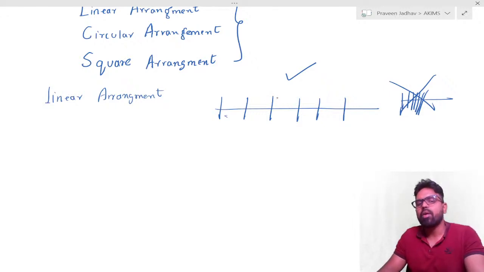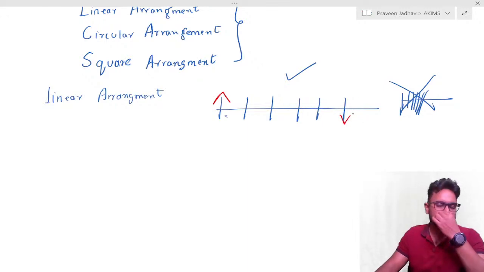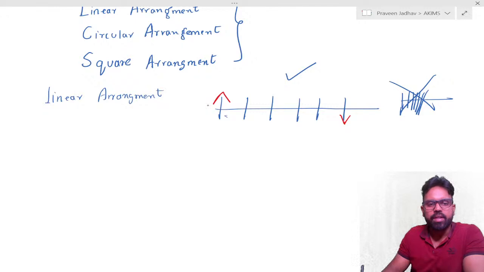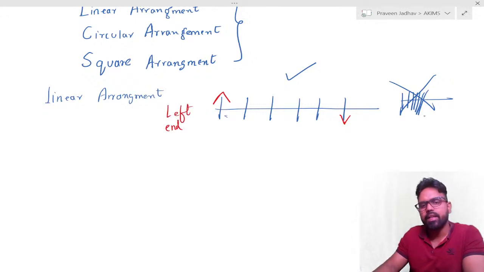Now, if he mentions that, let's say, the left hand corner is facing north and the right hand corner is facing south, this is the left end and this is the right end.